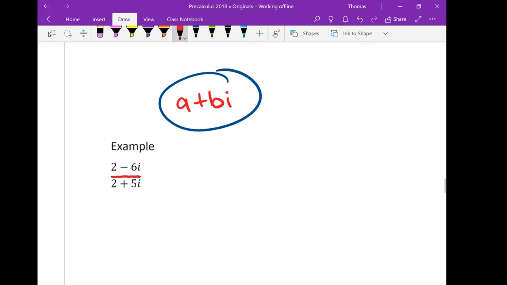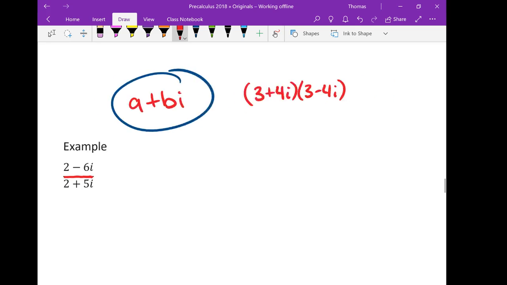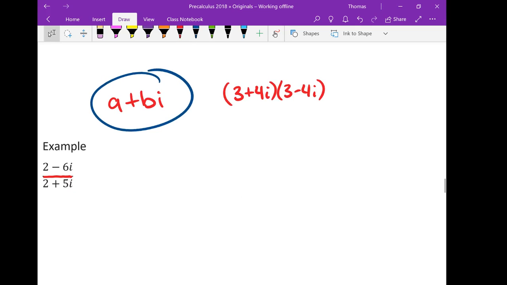We also found out earlier that when we multiply a number by its conjugate, so I'm going to give an example up here, 3 plus 4i and 3 minus 4i, we found in our activator a couple days ago that we get, let me just do this out, 3 times 3, 3 times negative 4i is negative 12i, and then plus 12i, and then minus 16i squared.